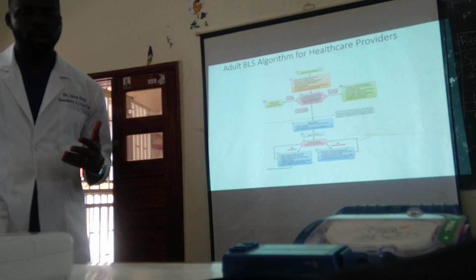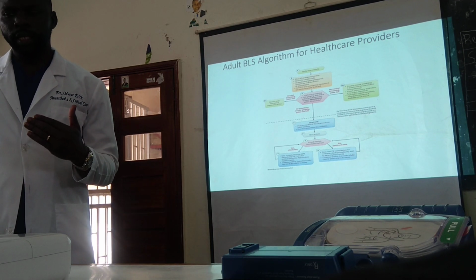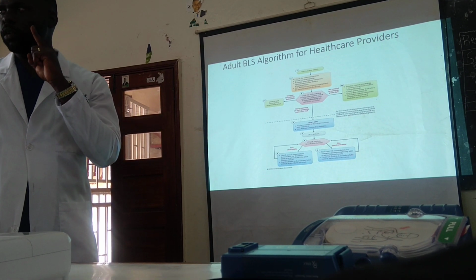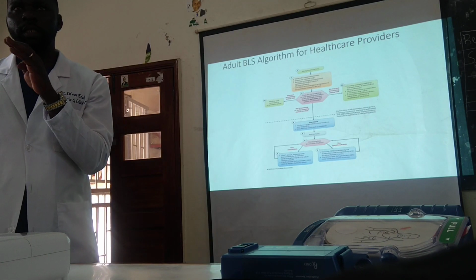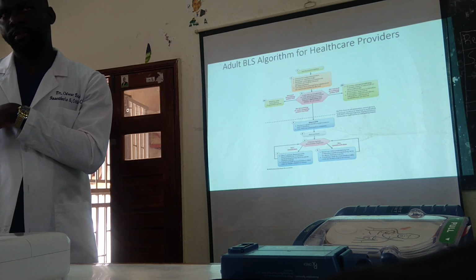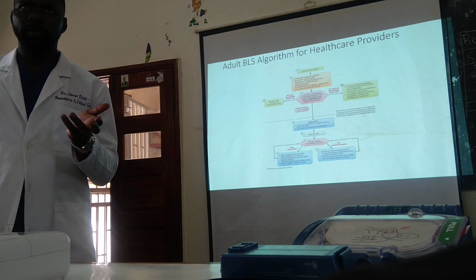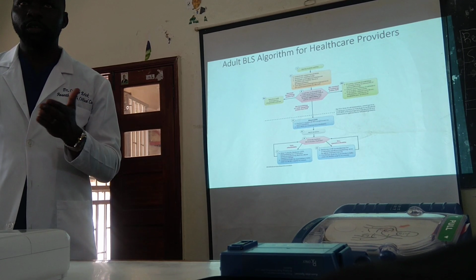What do you do in this case? I would imagine if your patient is responsive or conscious, you go with what? Primary survey. Okay. Primary survey. Yeah, if the patient is talking back to you, meaning the airway is patent. Now go for the breathing.